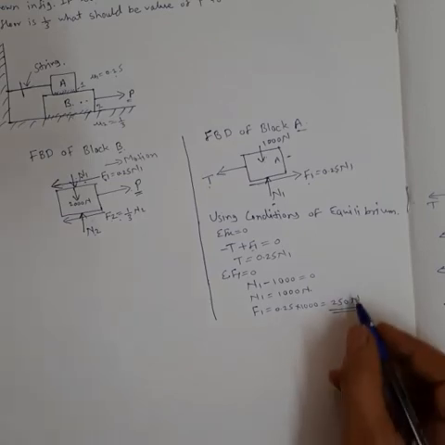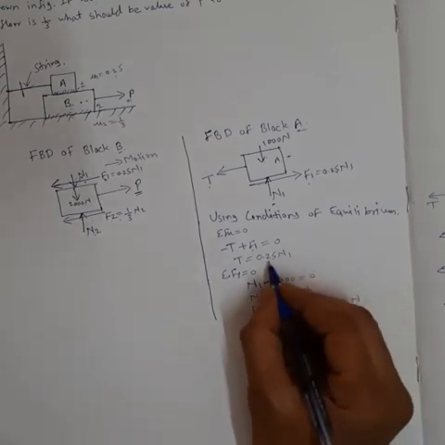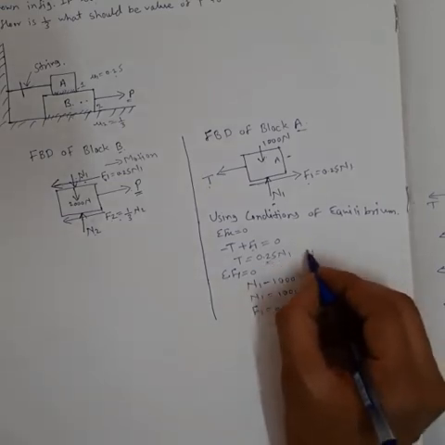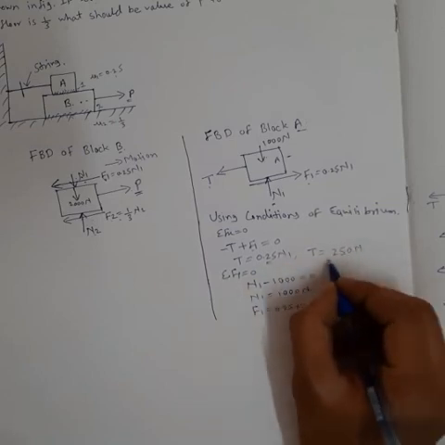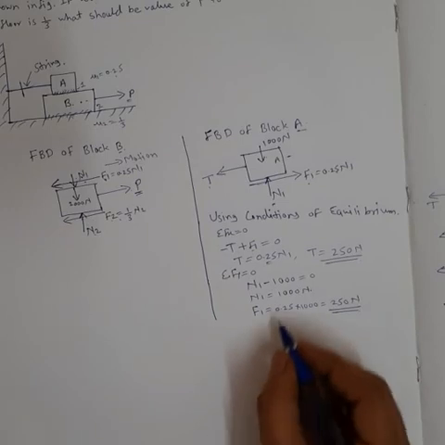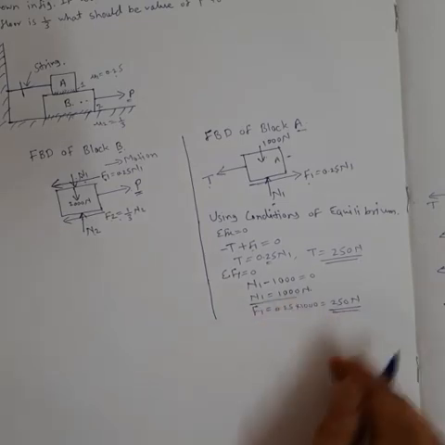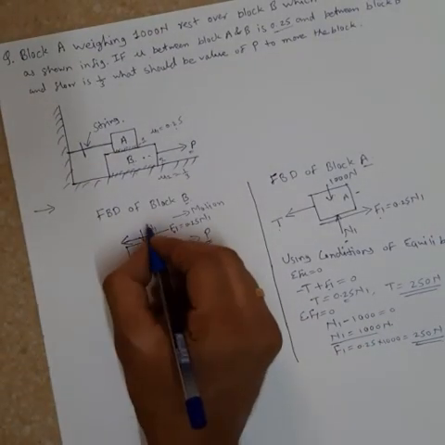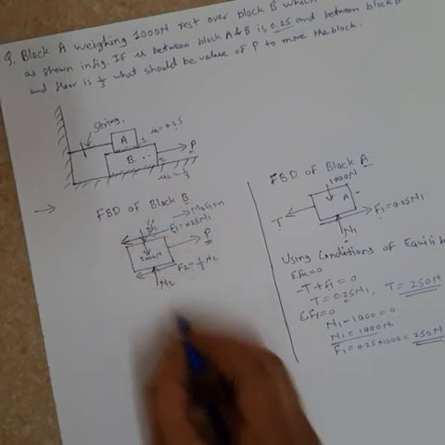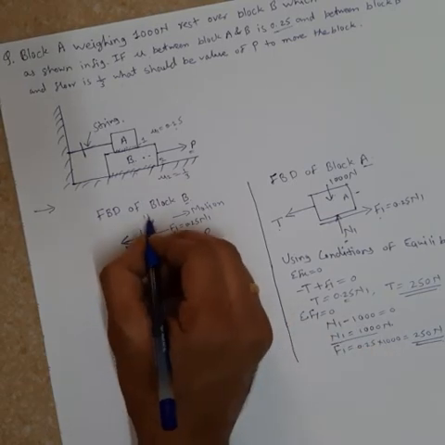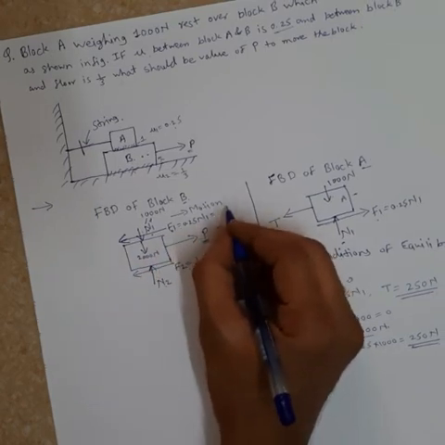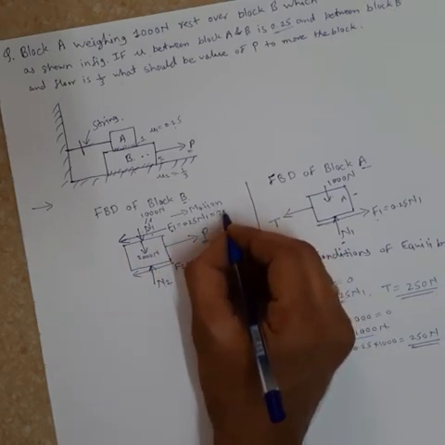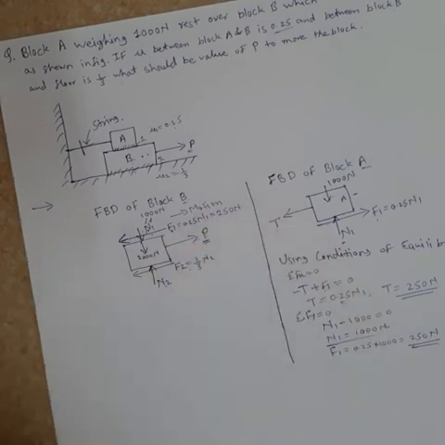So putting this value in this equation, we can get value of tension equal to 250 Newton. Then again, using this value of N1 and F1 in the free body diagram of this block, here N1 will be equal to 1000 Newton and value of F1 will be 250 Newton.